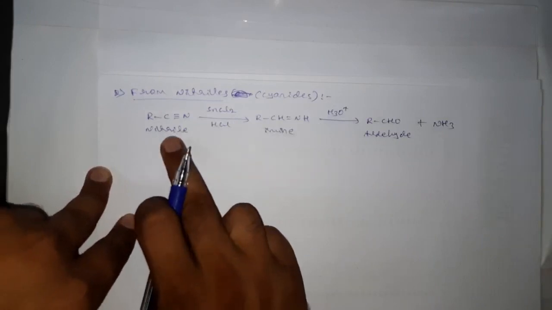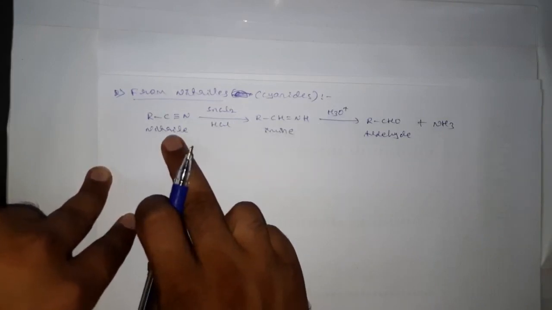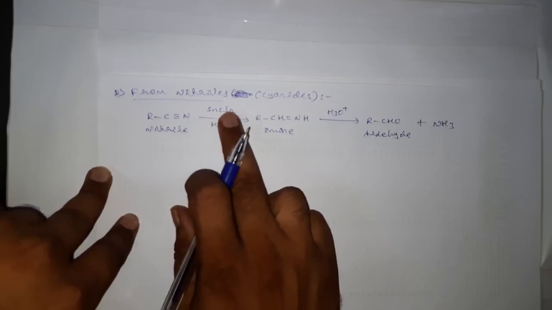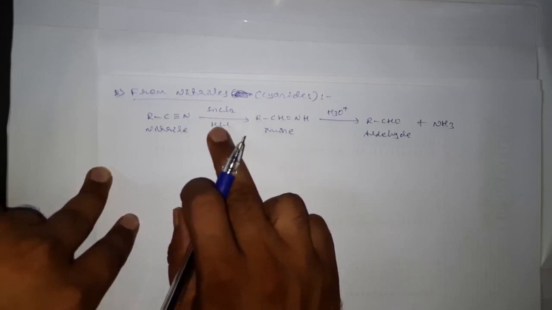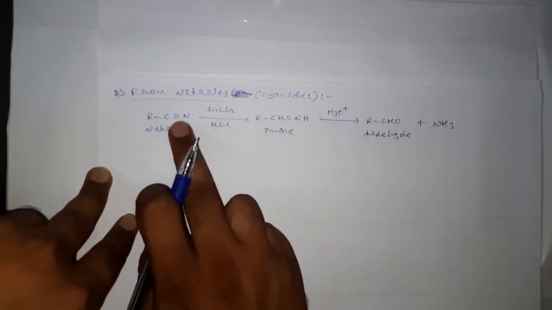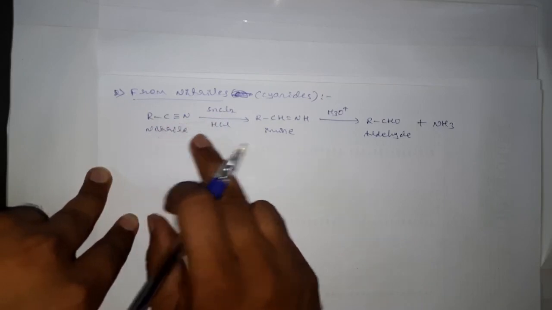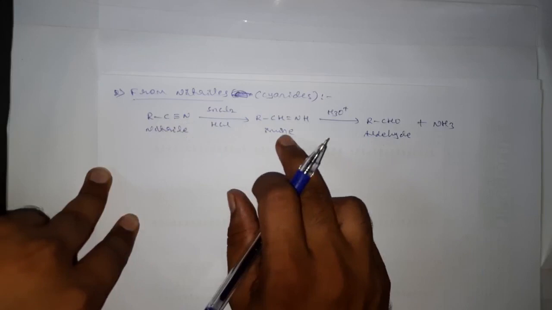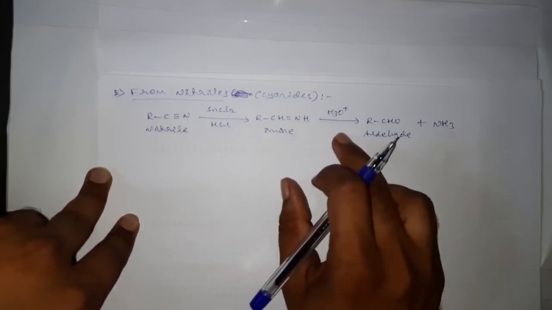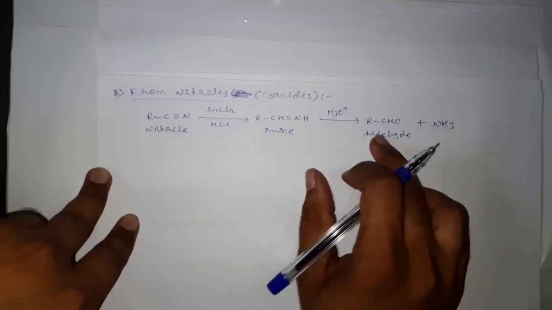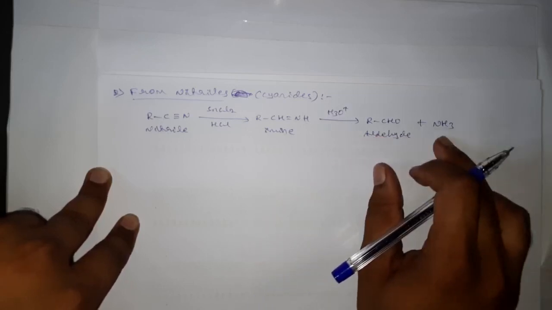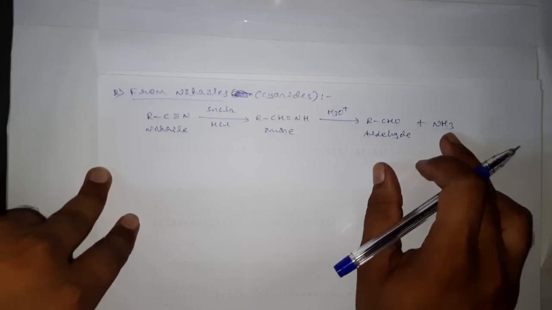When nitriles react with stannous chloride in presence of an acid like HCl, the CN group, that is the cyanide group of a nitrile, undergoes reduction to form imine, and this imine, when treated with water in presence of an acid as a catalyst, undergoes further reduction to form aldehyde and ammonia. This ammonia is acting as a byproduct.